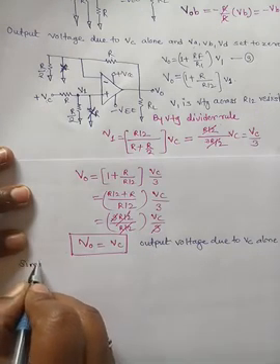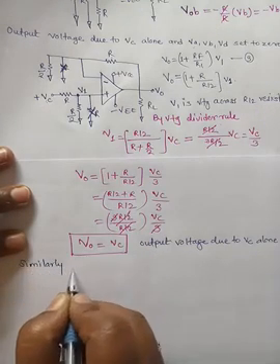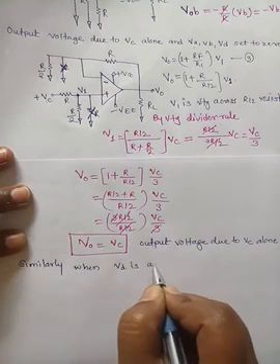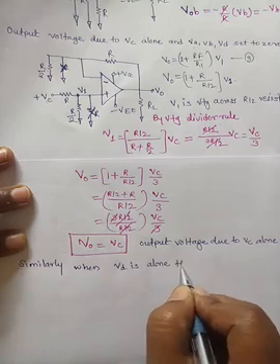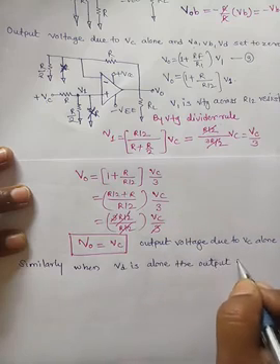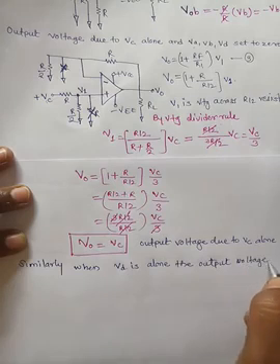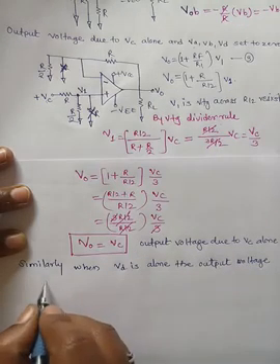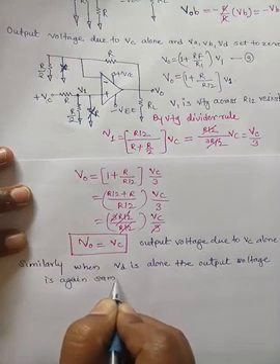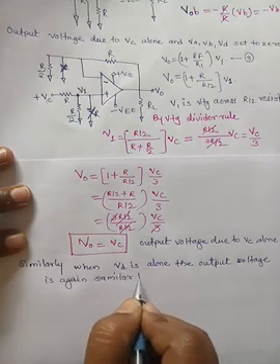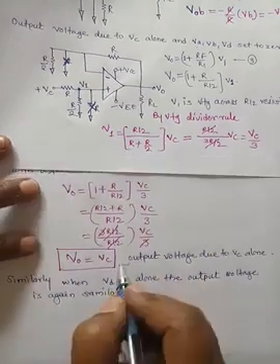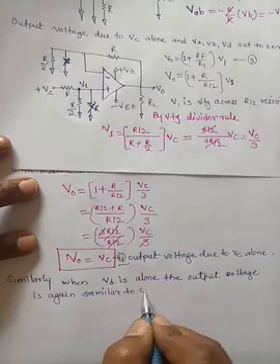Similarly, when VD is alone, the output voltage is again similar to equation number 3, and this is equation number 4.